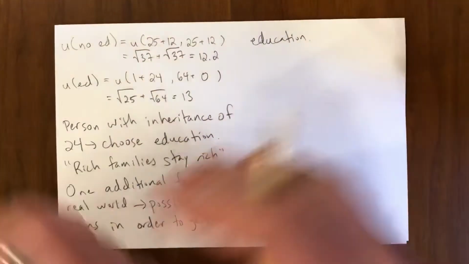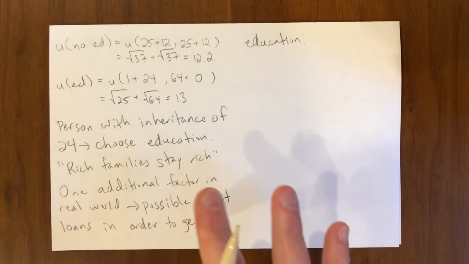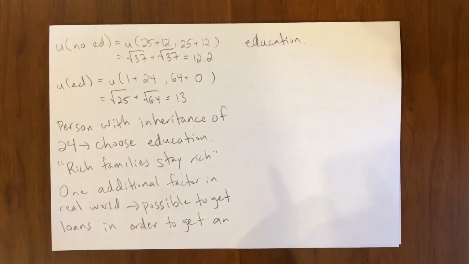And so, I guess maybe an optimistic take on all of this is that this is sort of an explanation why the banking system in general and student loans in particular, why those are good things.